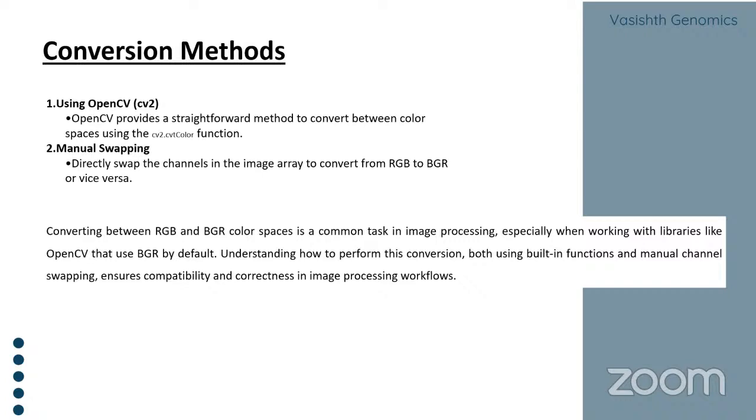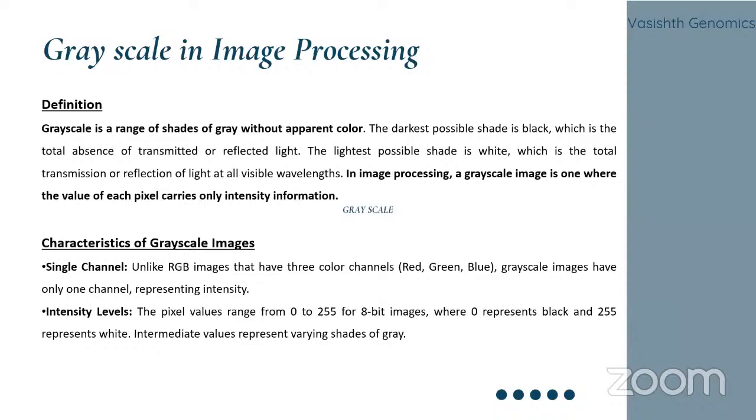Okay, then you have grayscale. Sometimes, for your particular work, you cannot detect using the colors. You need to convert into grayscale. So you can also convert the image into completely gray. Grayscale is a range of shades of gray without apparent color.